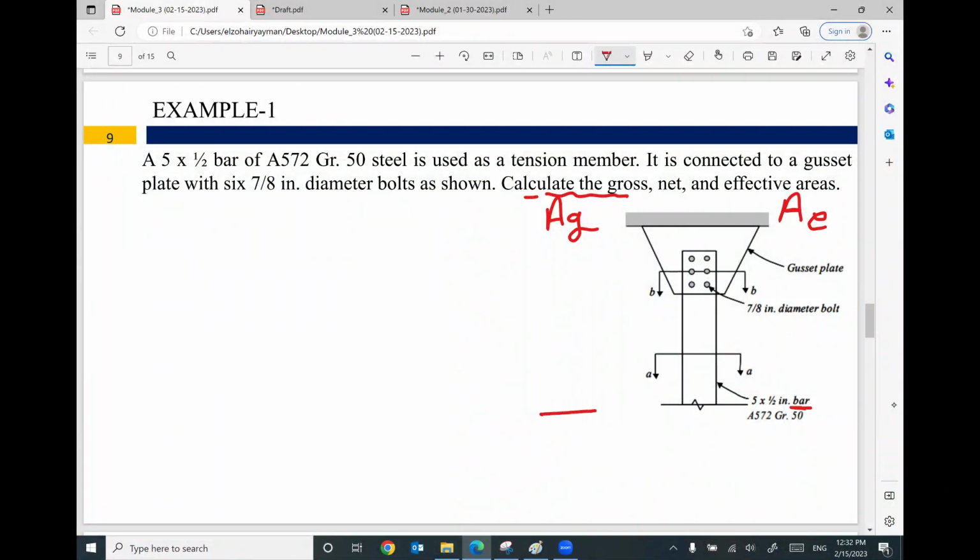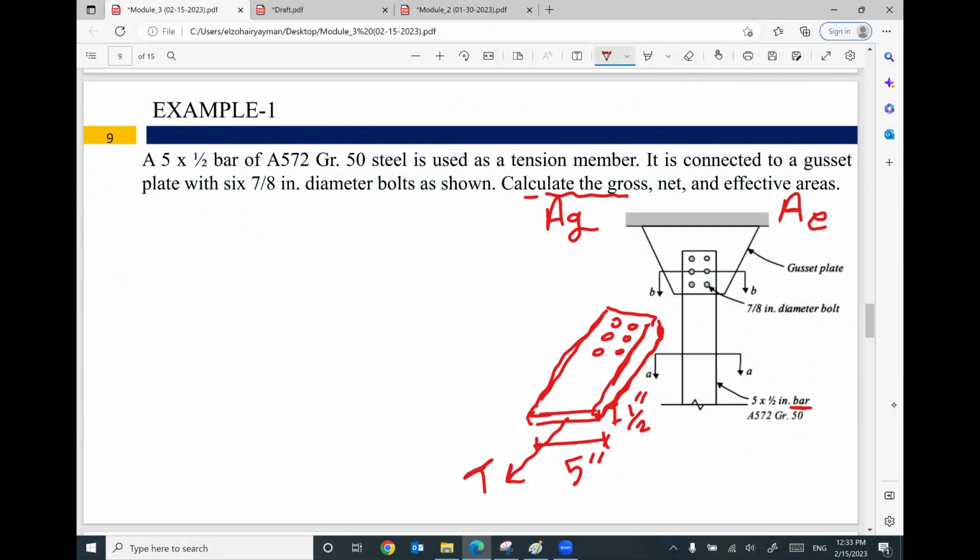This steel plate looks like this: 5-inch width, 1/2 inch thickness, and this plate is extended like this. This plate at this end is connected with 6 bolts, and this plate will be under tension.